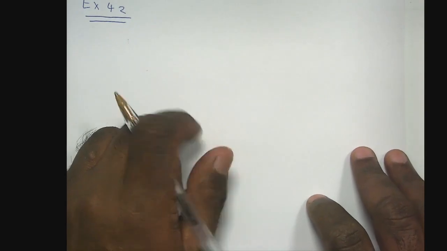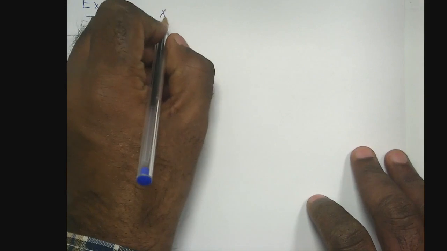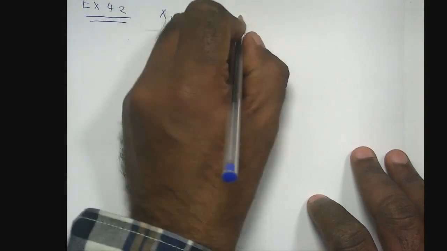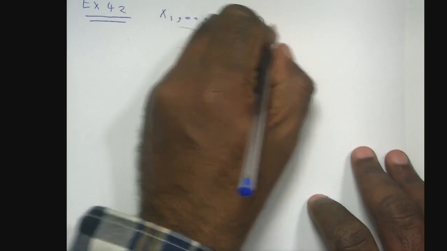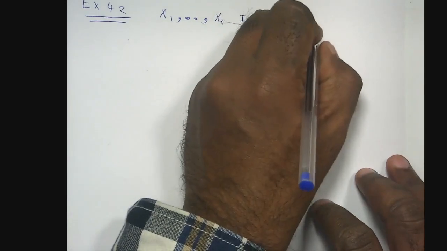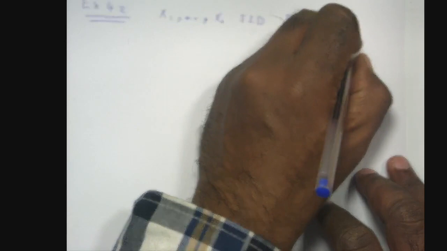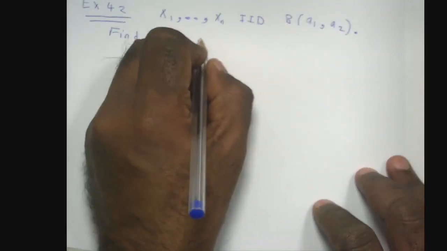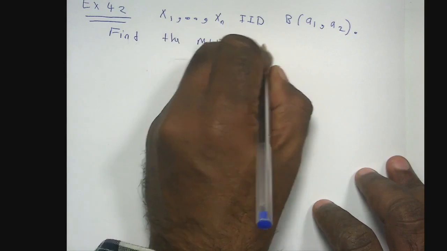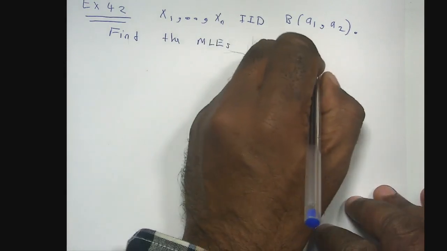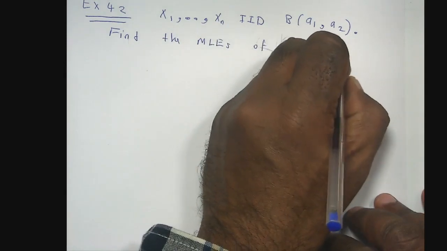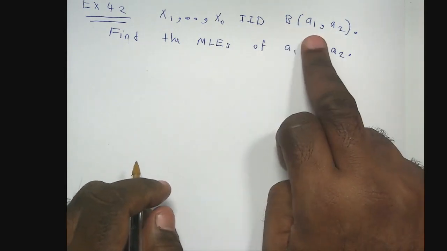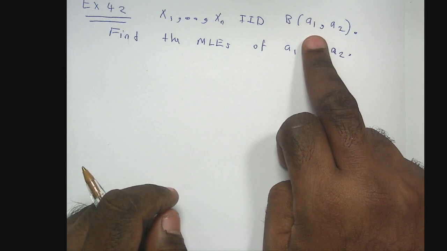Basically, you're given X1 to Xn IID from the beta distribution with parameters a1 and a2, and the question is to find the MLEs of a1 and a2. Do you recognize this distribution? This is the beta distribution we talked about in the class.